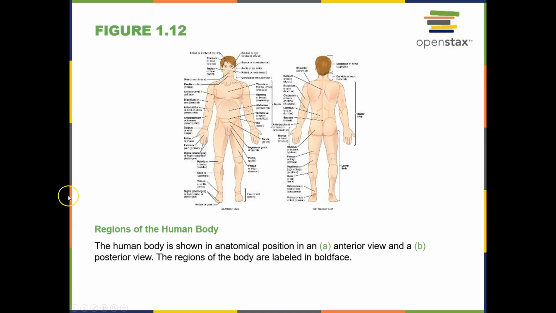So there's a lot of terms, and here those terms are kind of blurred on this PowerPoint, but in the actual lecture you can see all the terms really nice and easy. You have the frontal region, the cranial region, you have the buccal region, nasal region, cervical region. I'm not going to go over all of these terms.